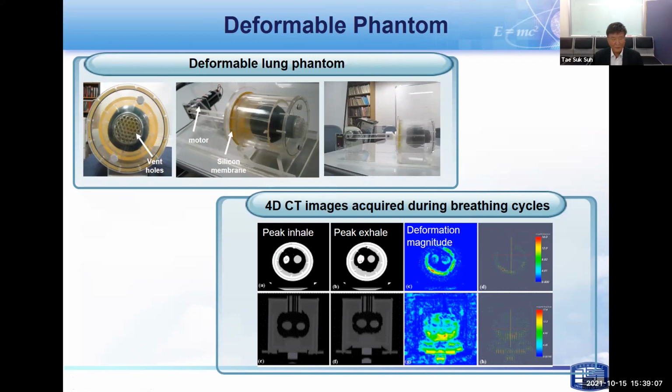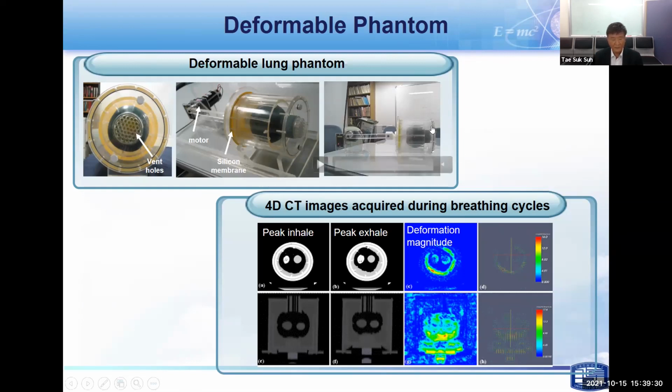So we acquired the 4D CT imagery of a deformable phantom during breathing cycles, and then evaluated the deformable magnitude using the image subtraction method.